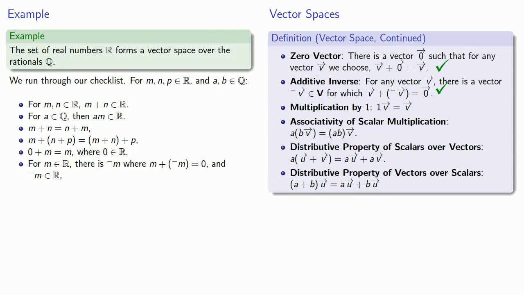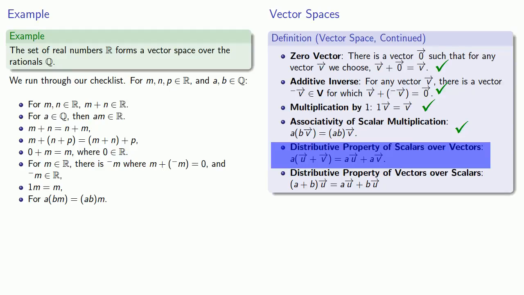Our next requirement, multiplication by 1. If I take 1 and multiply it by any real number, I do actually get the real number that I started with. Associativity of scalar multiplication, a times bm, is in fact the same thing as ab times m. And we have our two distributive properties of our scalars, which were elements of our set of rational numbers, over our vectors, which were our real numbers.